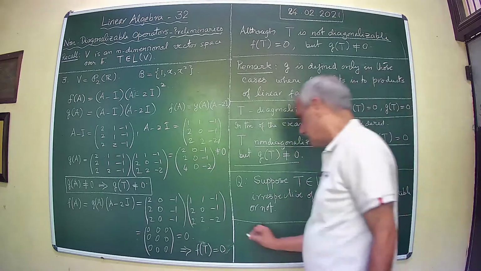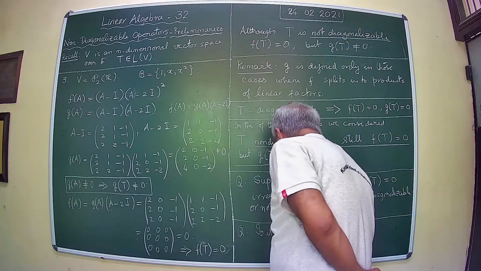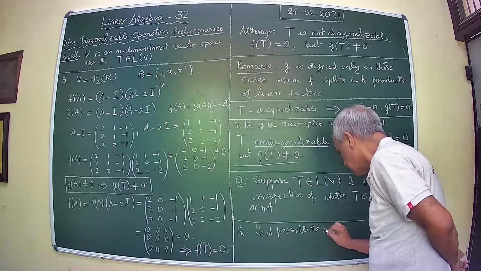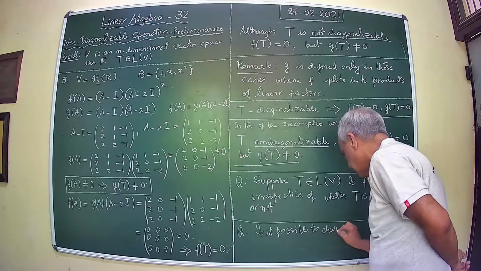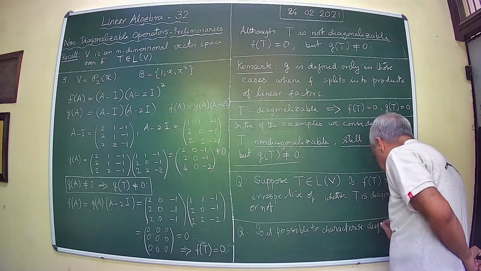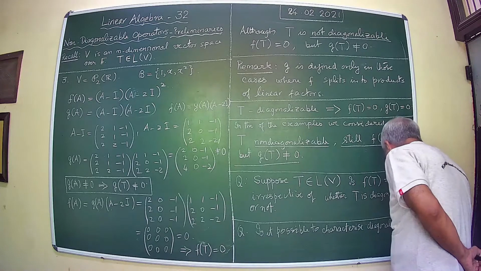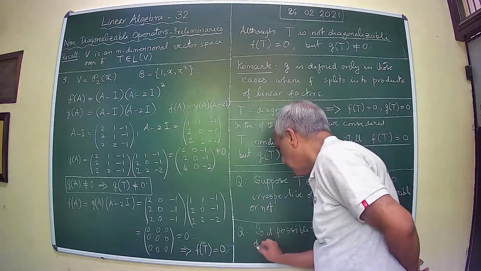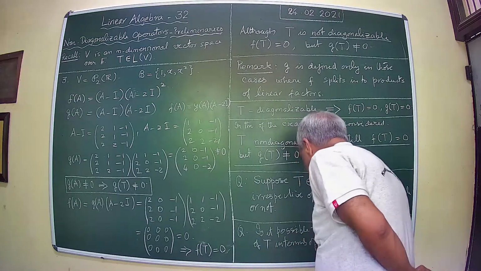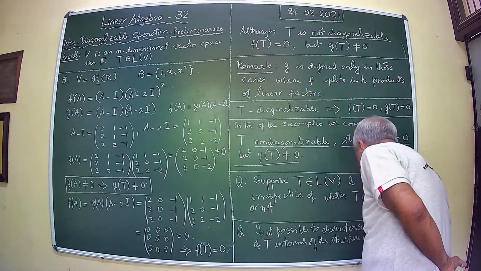Is it possible to characterize diagonalizability of T in terms of the structure of the characteristic polynomial?